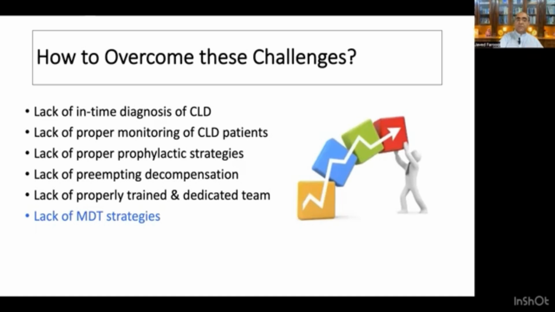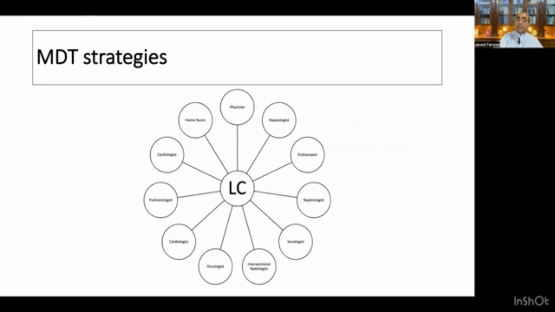Then there is the lack of MDT strategies. As I said, the MDT culture is not very common in our setup. It's limited to only a few centers, but these patients do need an MDT approach because they can present with one complication, two complications. We should preempt the coming complication and treat accordingly.